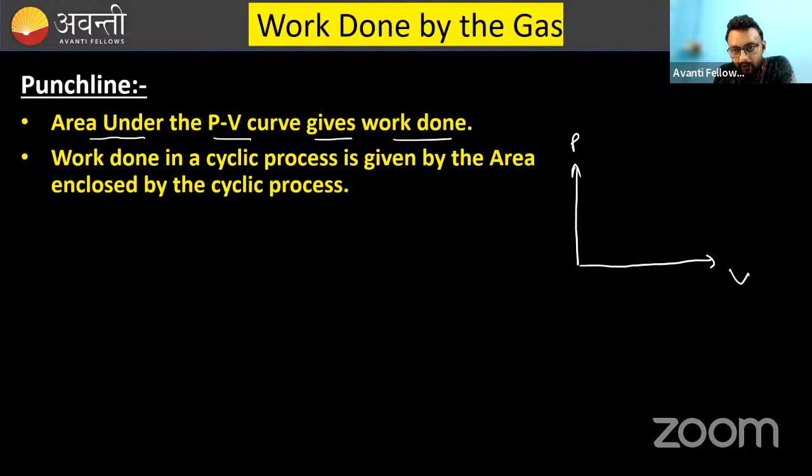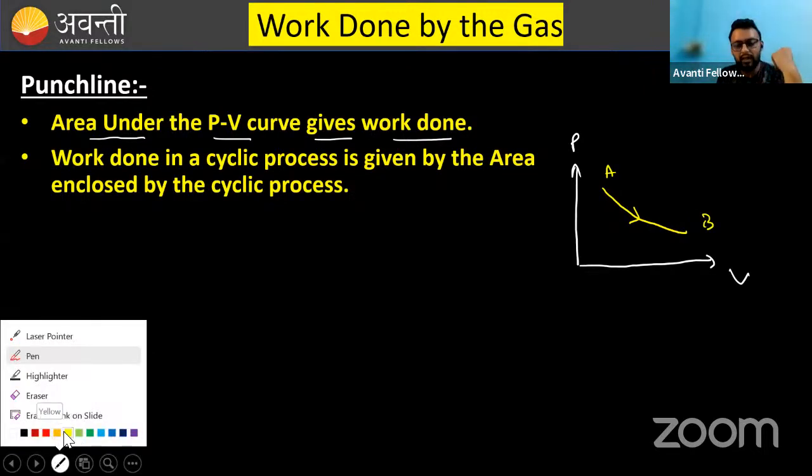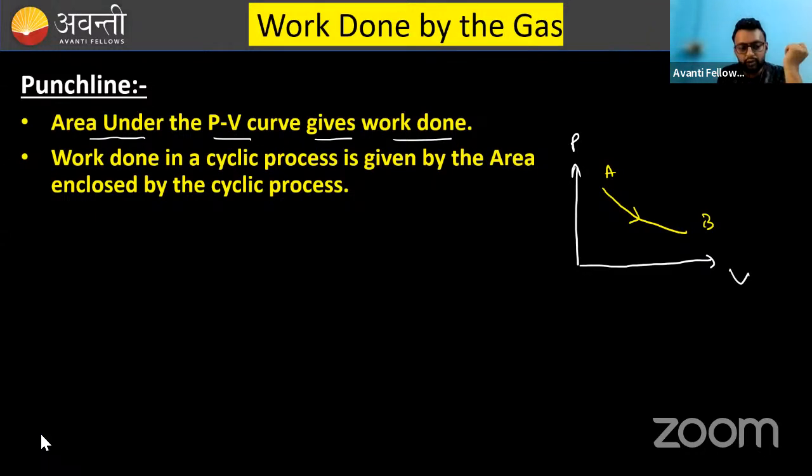Let's suppose there is a process AB, and the examiner, the question paper setter, has asked you to calculate the work done. Then what you should do is calculate the area under this curve, and this area will give the work done.